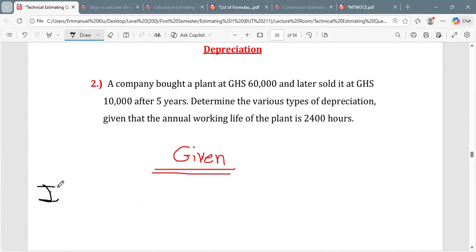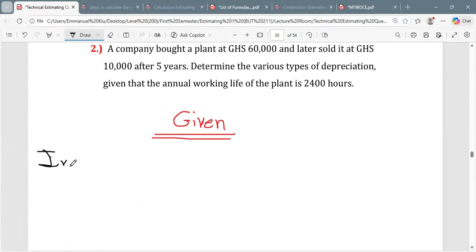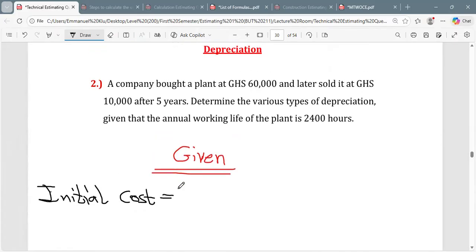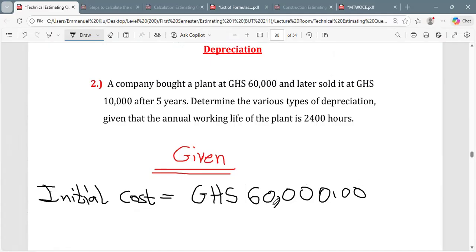The initial cost is equal to, let's say, 60,000. Good.